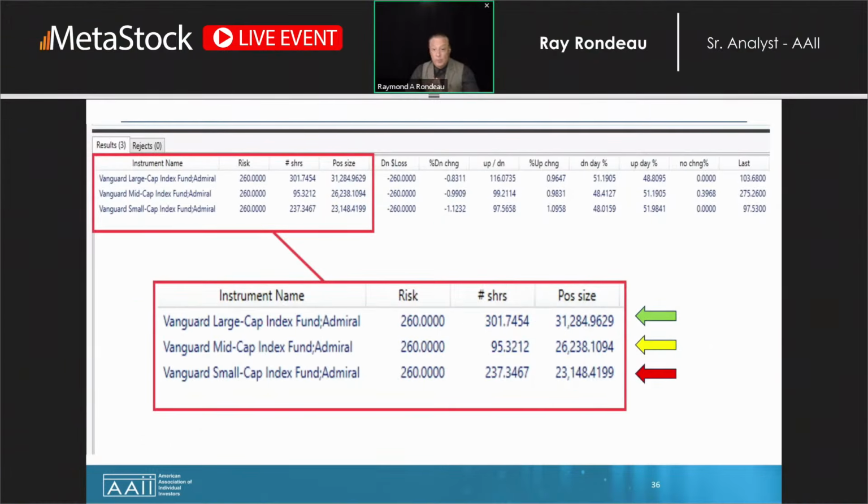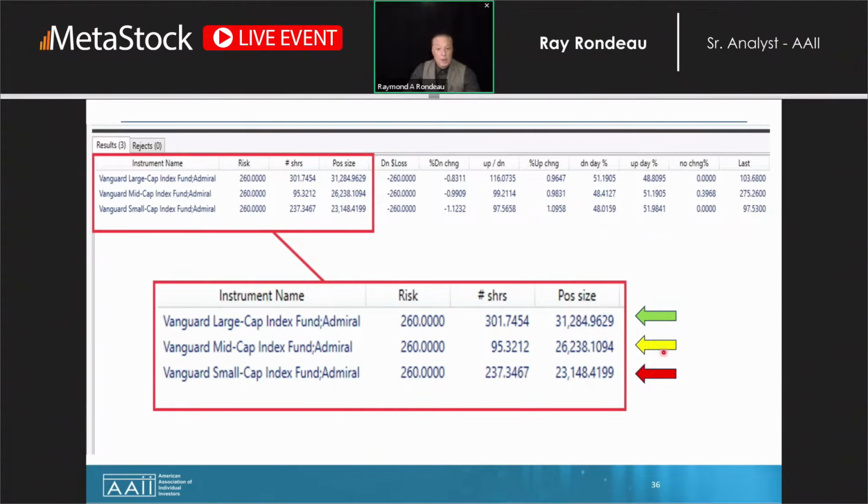And as promised, ProV works with mutual funds. In this example, we have a Vanguard small cap, large cap, and mid cap fund. And what do you notice in the position size column? The red arrow. Small caps are more volatile, so we would be purchasing less of them, about $23,000.